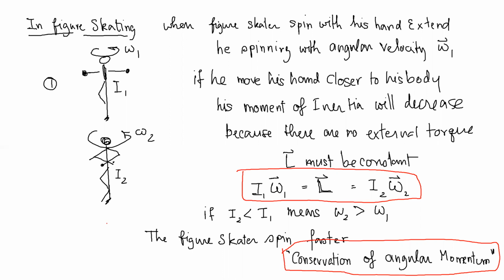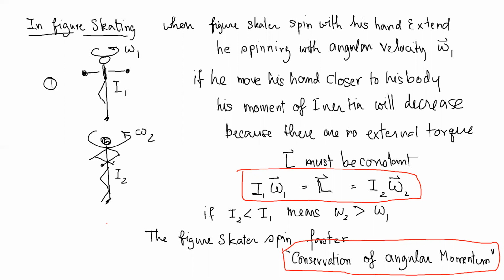At first, if he extends his hands further away from his axis of rotation, his moment of inertia is increased. So his moment of inertia is large, and as a result, to conserve angular momentum, his body will rotate at a slower speed.